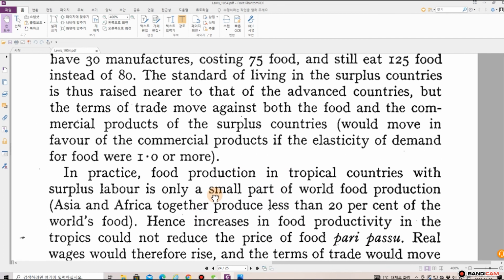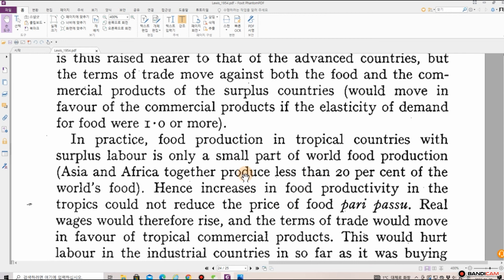The standard of living in the surplus countries is thus raised nearer to that of the advanced countries. But the terms of trade move against both the food and the commercial products of the surplus countries. They would move in favor of the commercial product if the elasticity of demand for food were 1.0 or more.